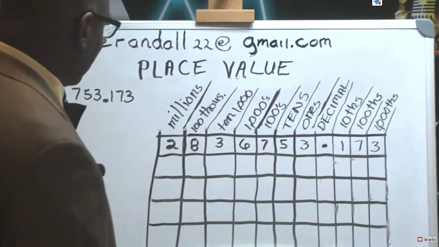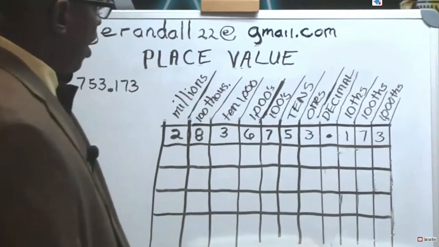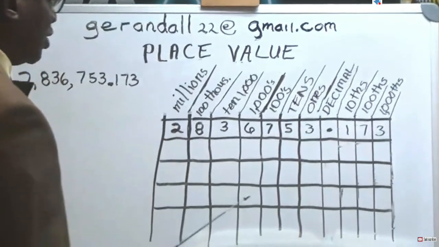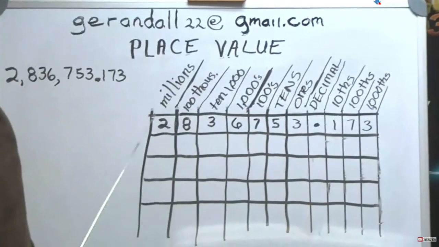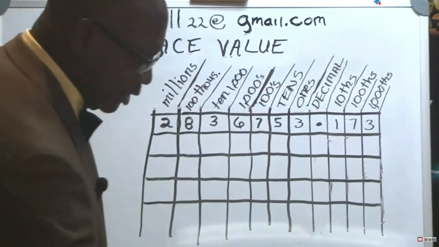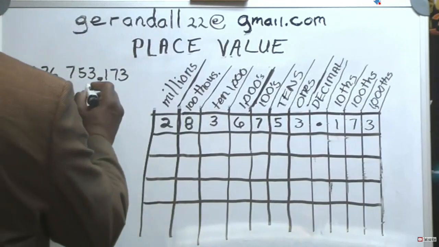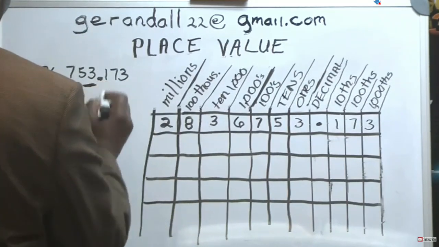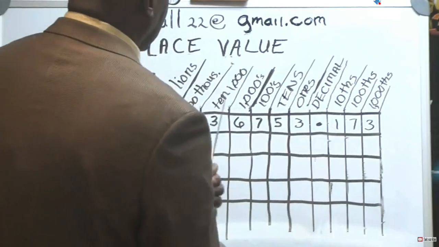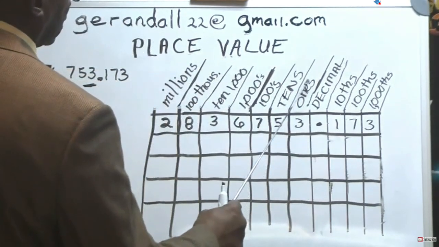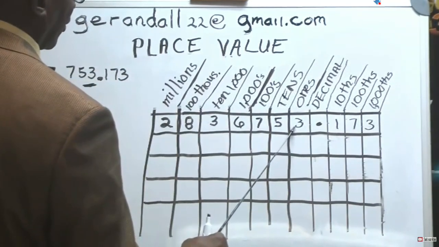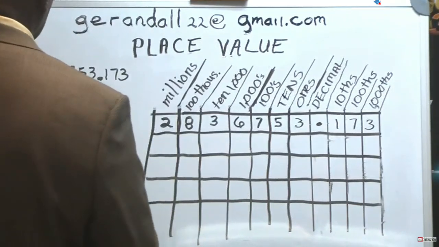Again, place value. When we look at any portion of this number, for example, if we underline the 3 here, that 3 is in the ones place value. So we'd have 3 ones.